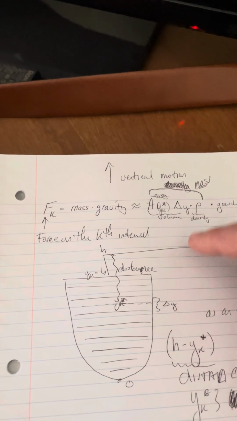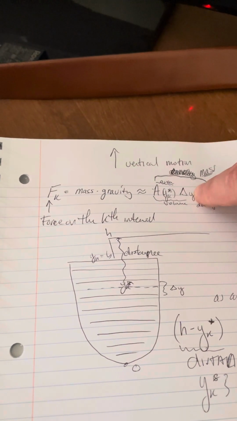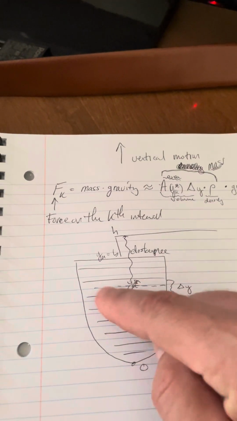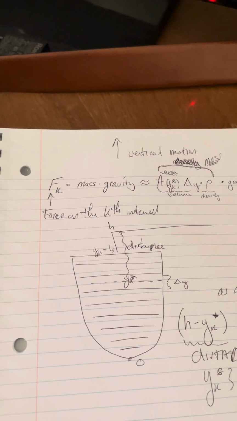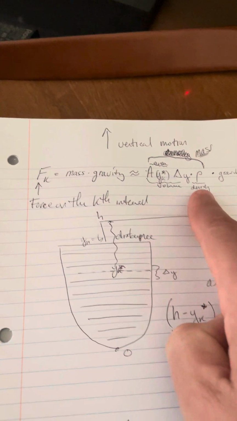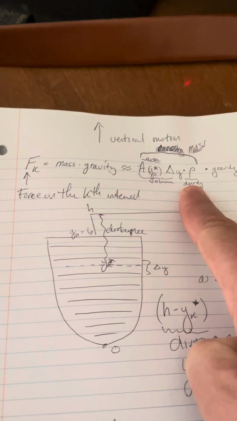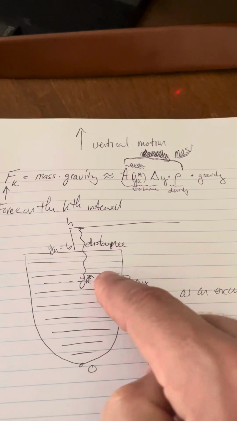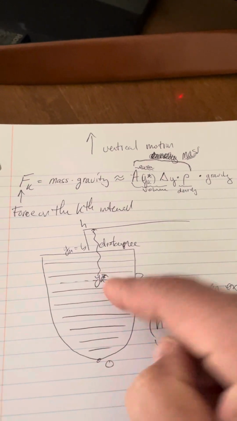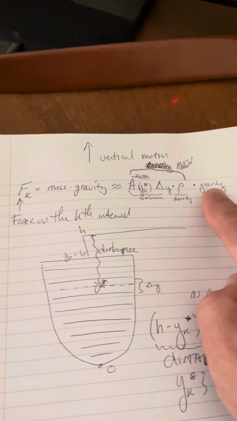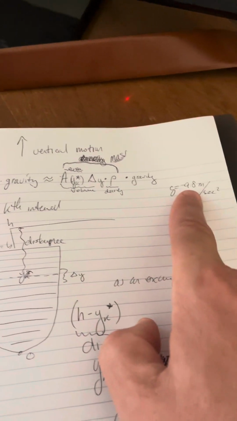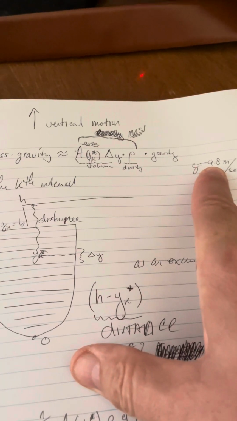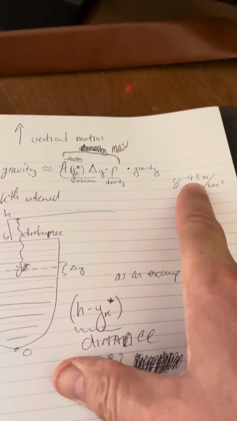Then we have the delta y, which we multiply by the area, generating a volume at that moment. And then we need a density component, which tells how dense that piece is. And then we need our gravity component, and it's often the case that our gravity component is negative 9.8 meters per second squared.